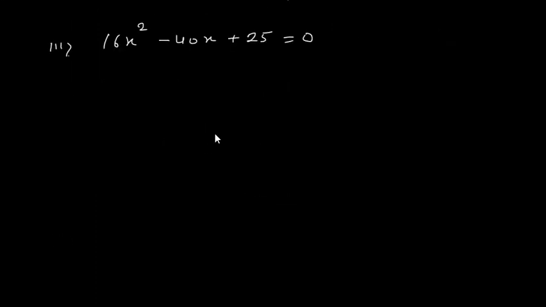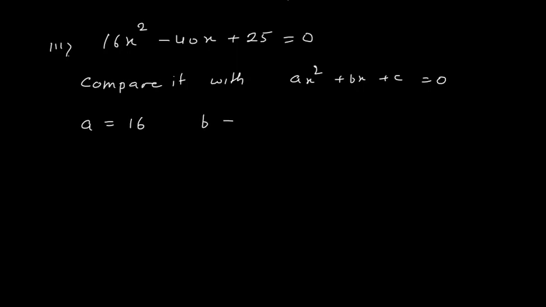Now here third question is 16x square minus 40x plus 25 equal to 0. So again problem is little more calculation involved. Compare it with ax square plus bx plus c equal to 0. We get a equal to 16, b equal to minus 40, c equal to 25.